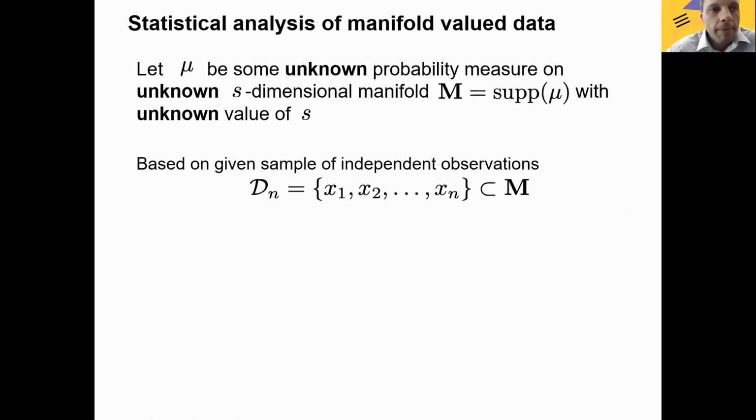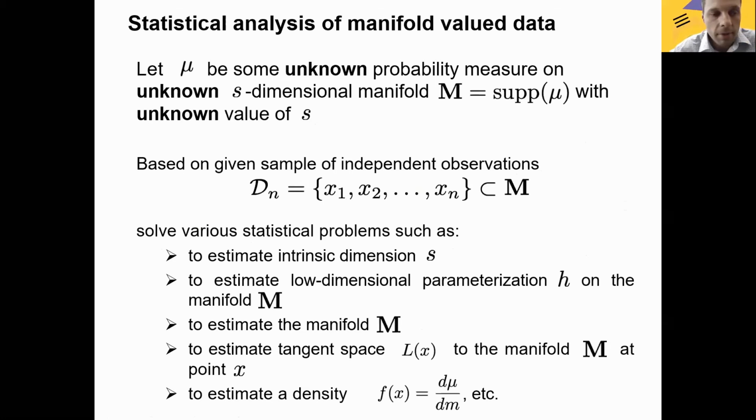Statistical analysis of manifold valued data can be formulated as follows. Let us assume that we have some unknown probability measure on an unknown s-dimensional manifold M. We are given a sample of independent observations, containing n observations.